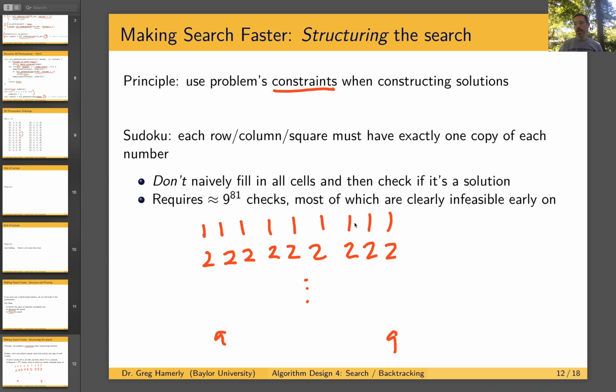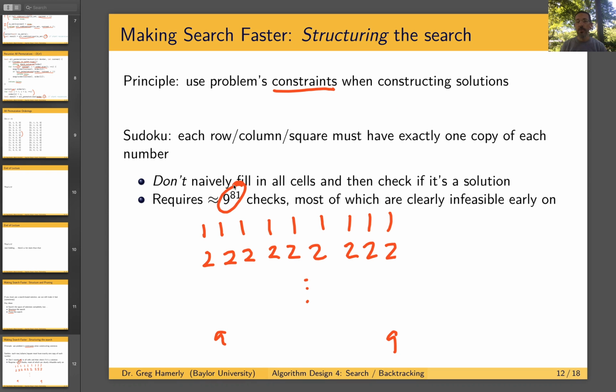That would be a naive way to put all the values in all the cells. Doing this would require 9 to the 81st checks. In other words, we would have to go through 9 to the 81st boards because every cell can contain 9 values, and there are 81 cells to contend with. And that's an astronomically large number.